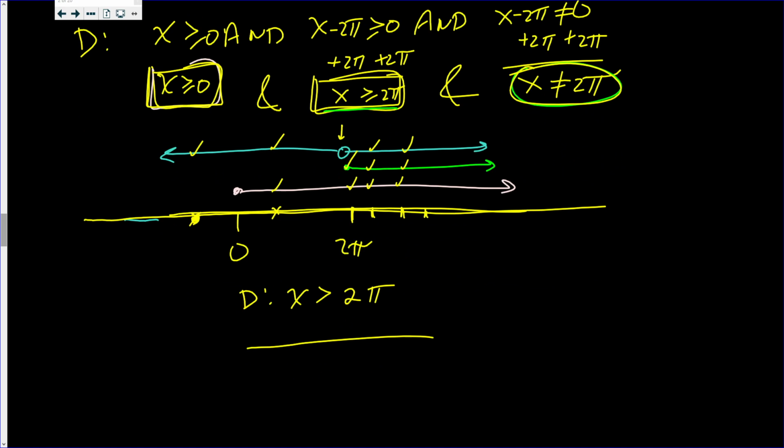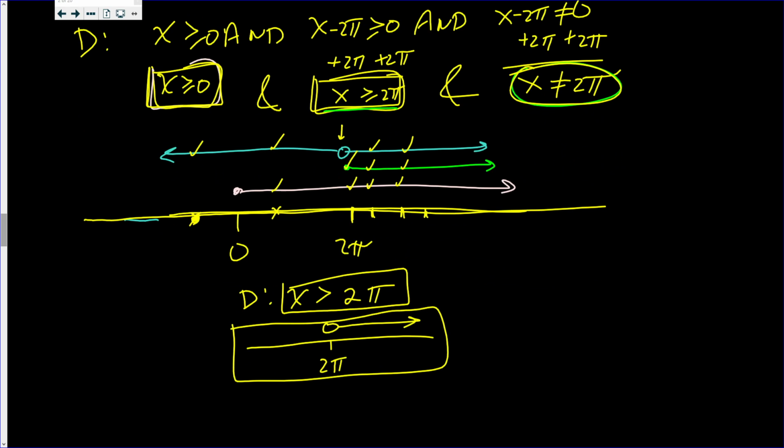In number line notation, here's 2 pi. It can't be 2 pi. It can be bigger. This is one answer. This is the second way of representing the answer. You can write it in interval notation from 2 pi all the way up to infinity. Never ever include plus or minus infinity.